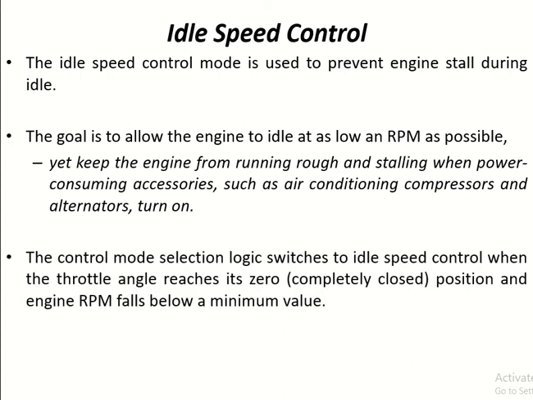The control mode selection logic switches to idle speed control when the throttle angle reaches its 0 position and engine RPM falls below a minimum value.